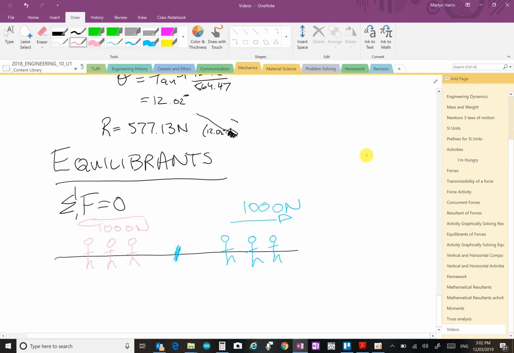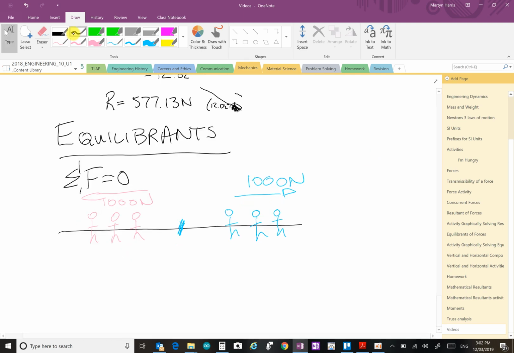You don't need to be a genius to see that those forces are going to cancel each other out. So we'd have negative 1,000 newtons plus positive 1,000 newtons equals no newtons, equals no force. So we can say the sum of all forces, that means the sum here, equals zero.